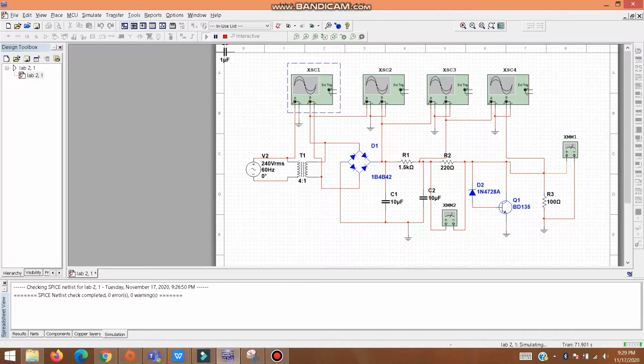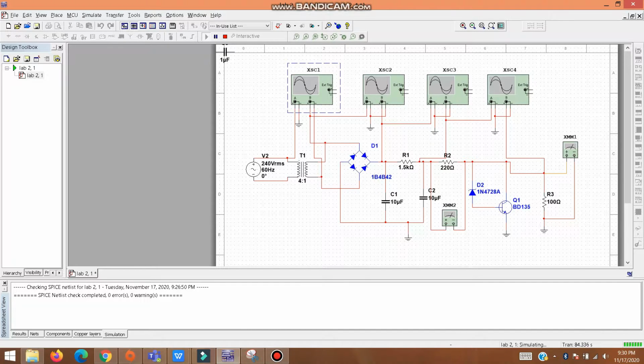From the previous circuit, we used the series voltage regulation, but in this circuit we use shunt voltage regulation. What is the difference between shunt and series regulators? In a series regulator, the load is in series with the regulator, but in a shunt, the load is in parallel with the regulator.